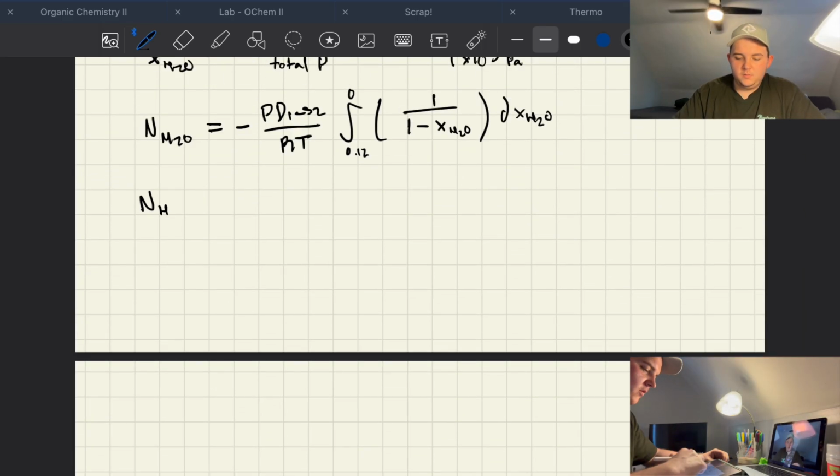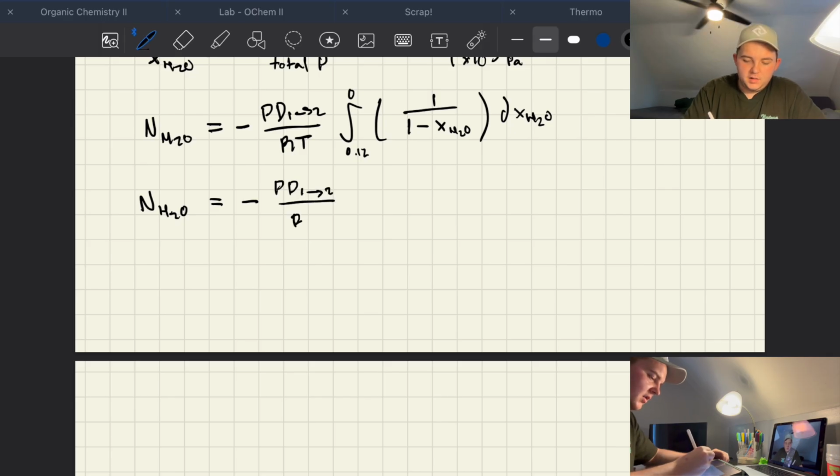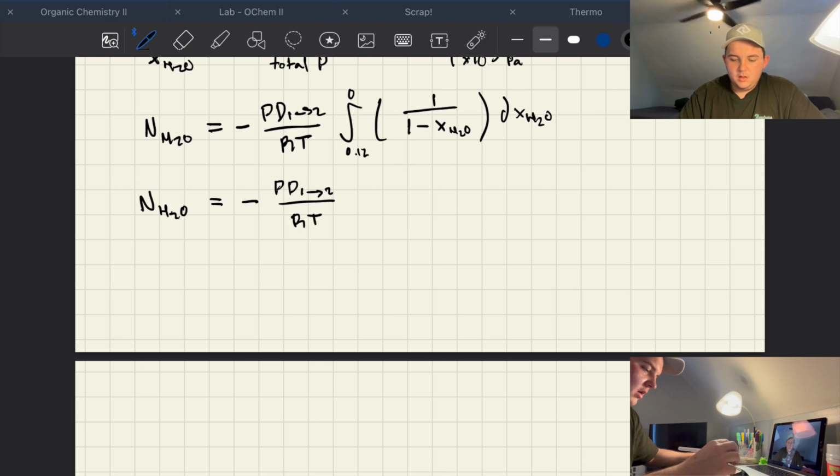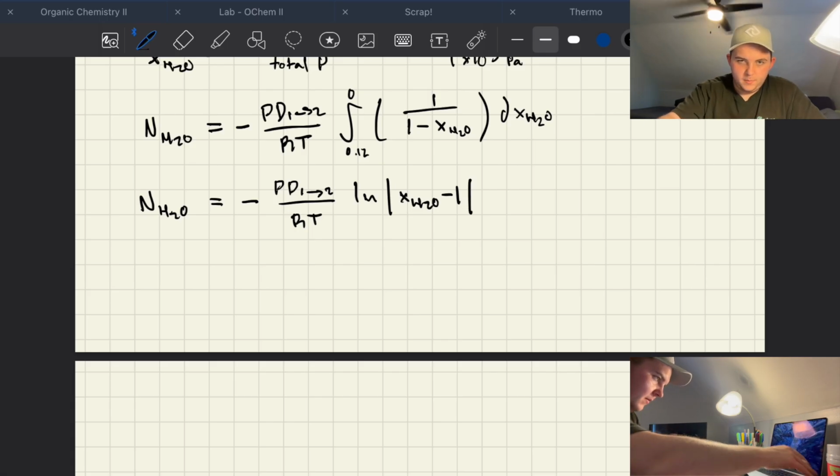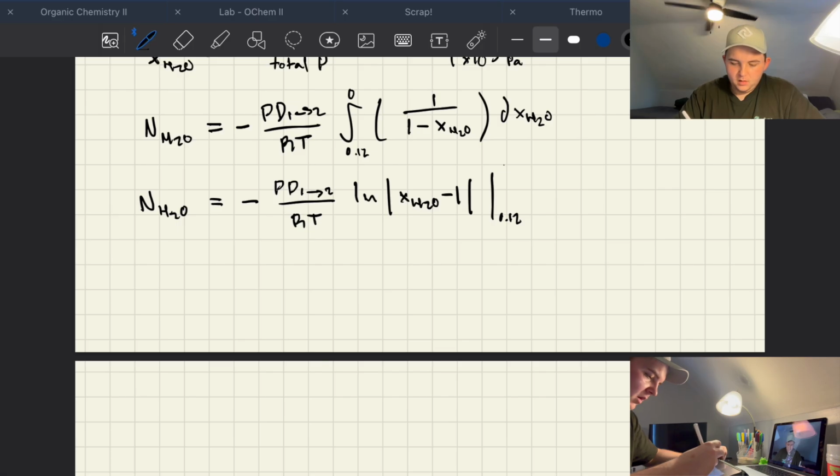So next let's add a page so we can further simplify this integral. We're not going to do anything on the left just yet. So when we evaluate the integral of a fraction, we're going to get the natural log of the absolute value of x H2O minus 1, and then that's going to be evaluated from 0.12 to 0.